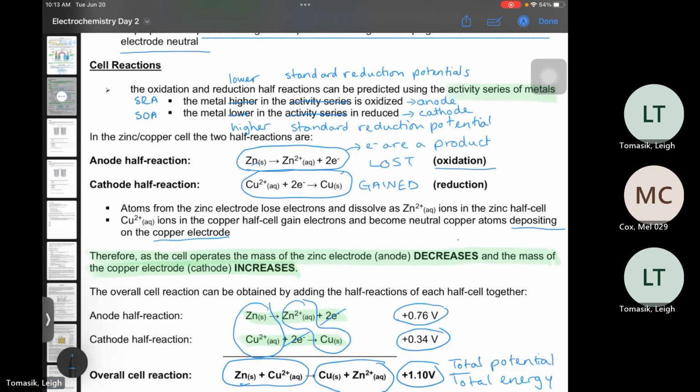So if we have a zinc copper battery, which we do a lot, you go to the dollar store and you buy a battery for your remote control, like a Duracell battery. Duracell batteries, you ever notice they're black, but the top of them is sort of a copper color?